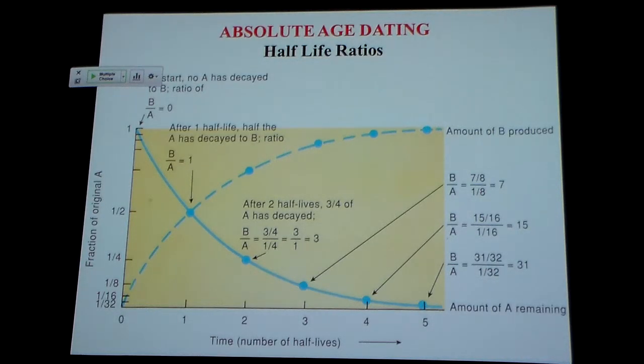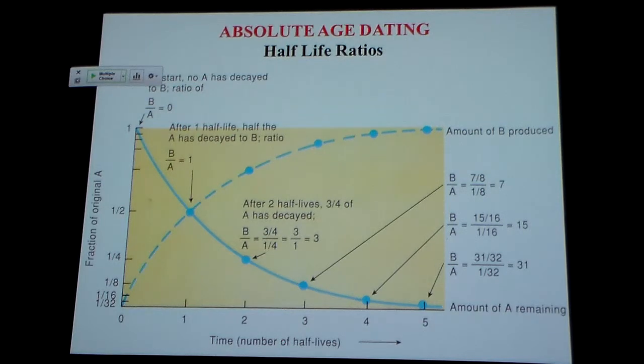So when you get the news from the lab, they don't give you half-lives. What they do is they give you the ratios. So here, after the parent has decayed, we have half parent and half daughter, and in that case, it's going to be a ratio of 1. They divide out, right? Second half-life, I'm going to have 1/4 parent, A, and 3/4 daughter, B. That's 3/1, 3.